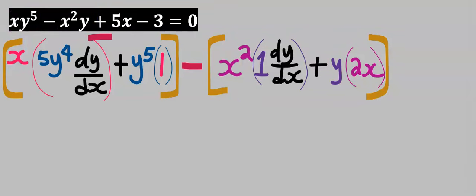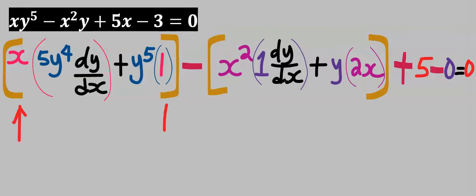Next, this plus will come here. Next, differentiate 5x, and you're going to get 5. Next, this minus will come here. Next, if you differentiate 3, which is a constant, you're going to get 0. Next, differentiate 0, and you equally get 0.